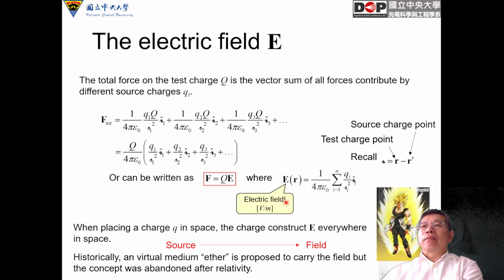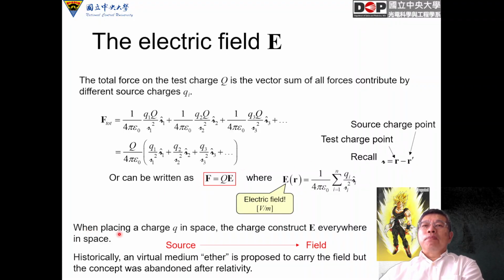The electric field has a unit of volt per meter. That is something to memorize. And just recall the funny R is R minus R prime, the vector between the test charge and the source charge points, from the origin to the test charge and from the origin to the source charge.